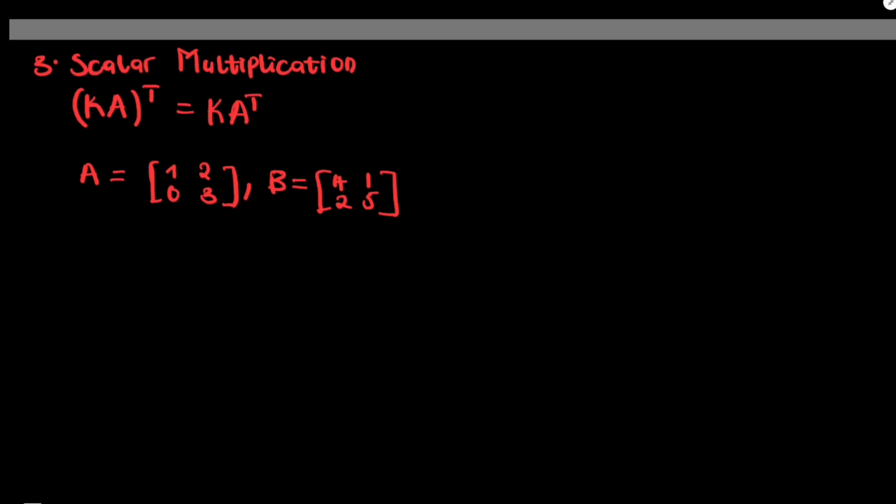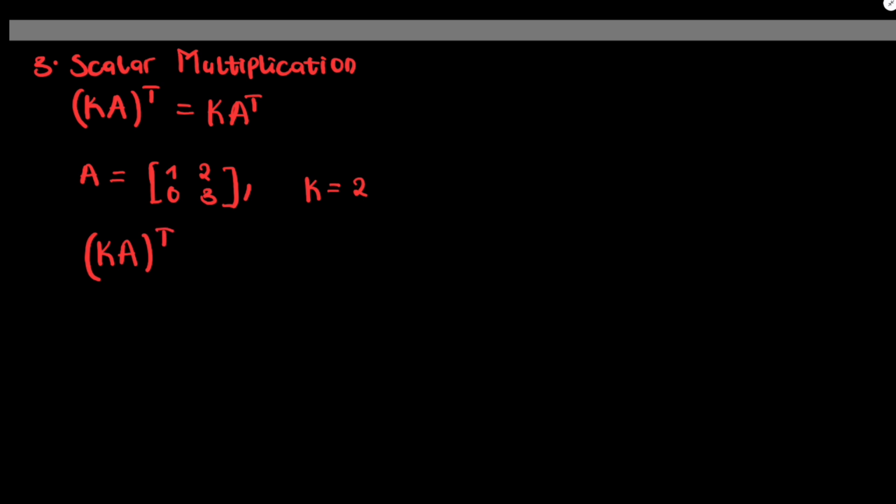B is not needed. So if we have a scalar of, let's say, 2, let's take the left hand side, which is the scalar multiplied by the matrix alone, and then we take the transpose. So the scalar is 2, so we are going to have 2A, and then we take the transpose.